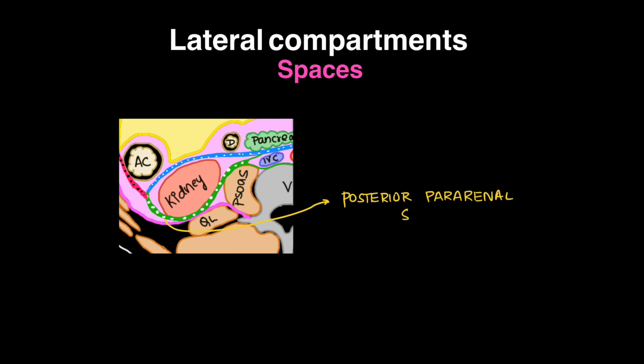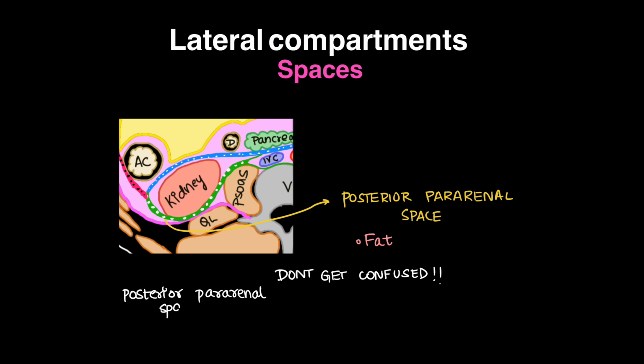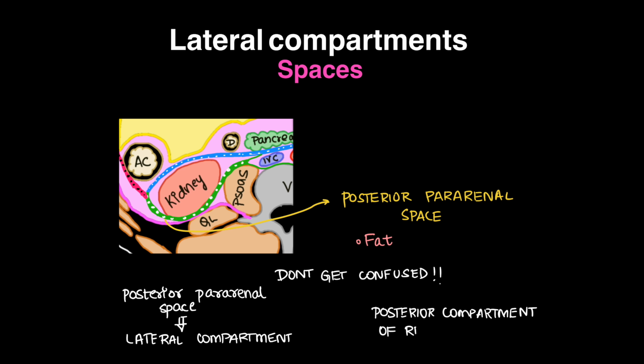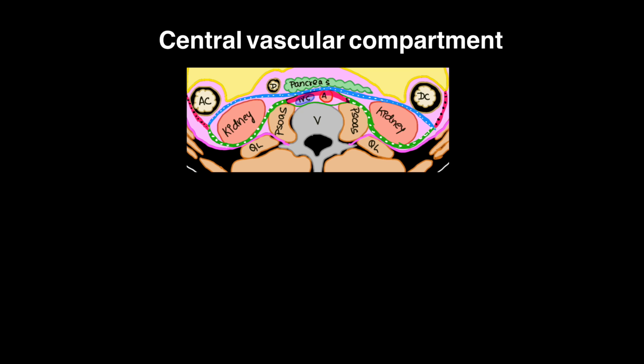Posterior pararenal space has nothing but fat as its content. Again, don't get confused. Posterior pararenal space is a part of lateral compartment of retroperitoneum, and it's different from posterior compartment of retroperitoneum. Okay, don't get confused between these two spaces. We are done with lateral compartments.